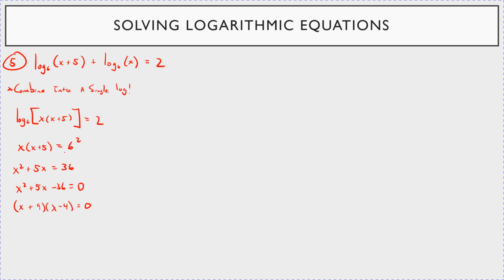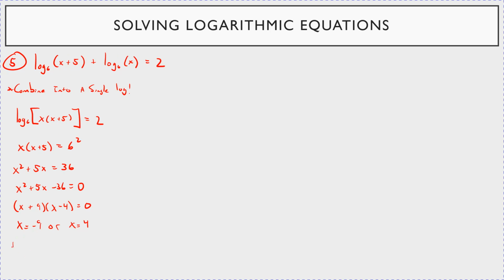And so you have two solutions. Either x can be equal to -9, when I set that equal to 0, or x can be equal to 4. Well, now here's the thing you have to remember. If I plug -9 back into this, I would get a negative in the log.